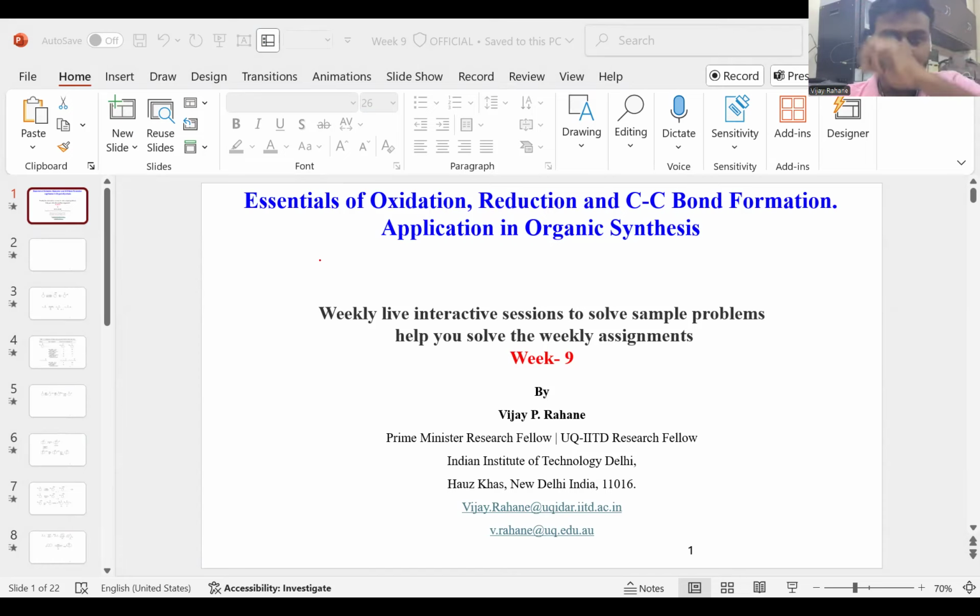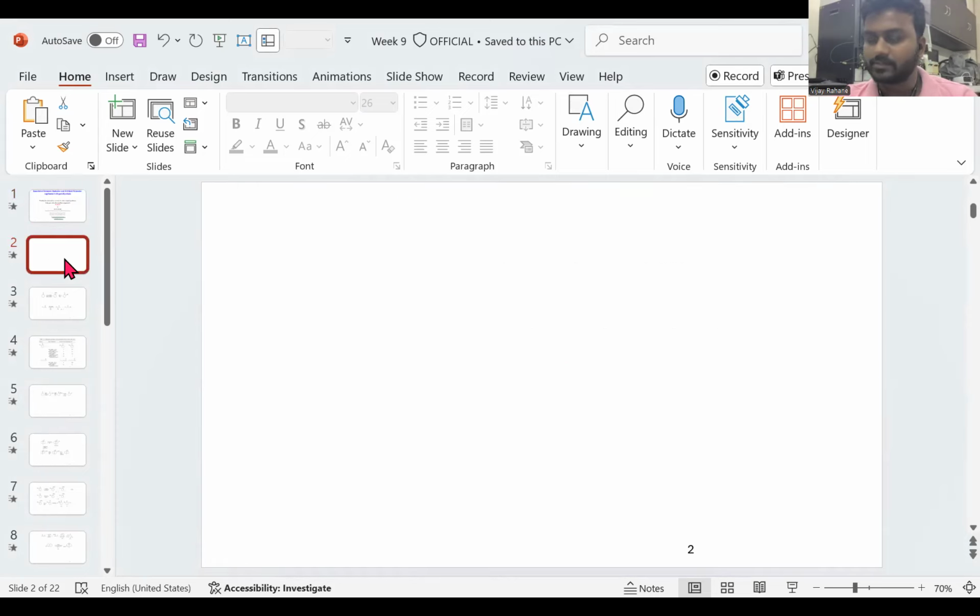Up to now we have already seen many oxidation reactions. Also, we have seen some stereoselective oxidation reactions, for example the epoxidation reaction or dihydroxylation reactions in a stereoselective manner.